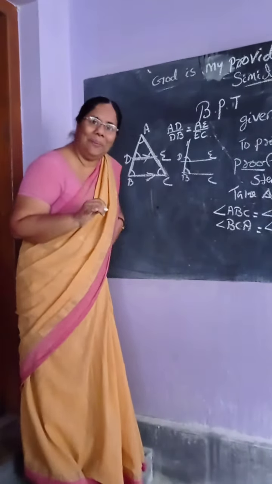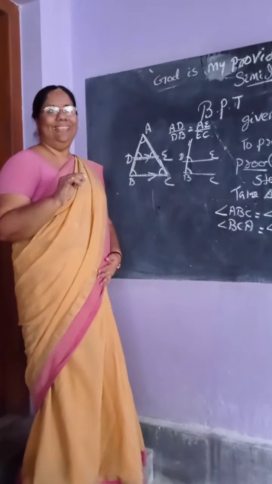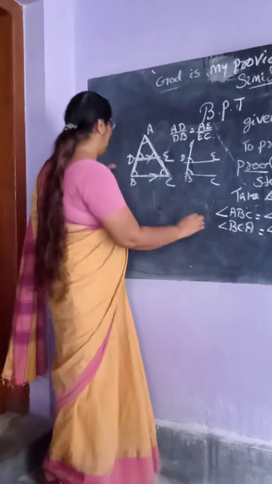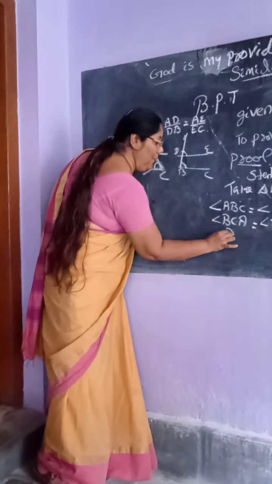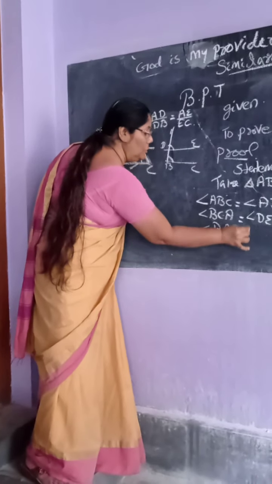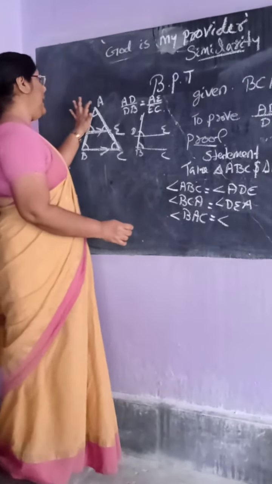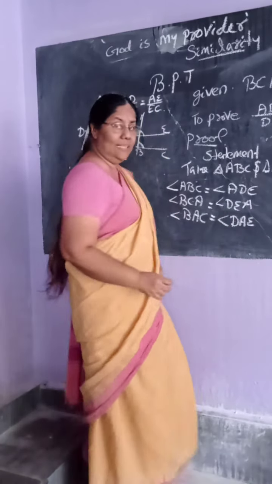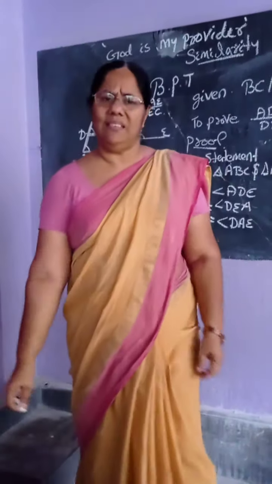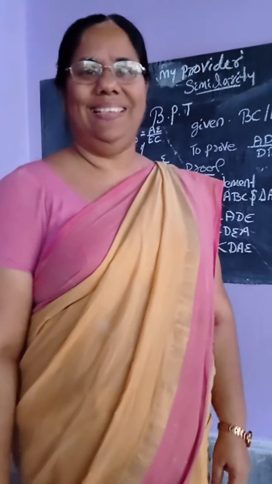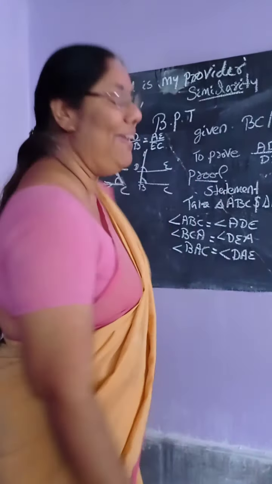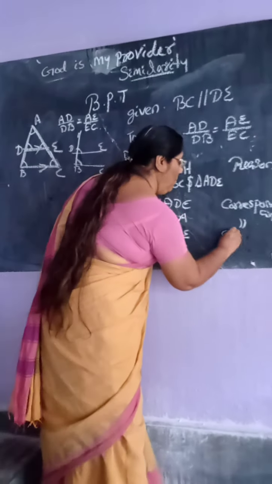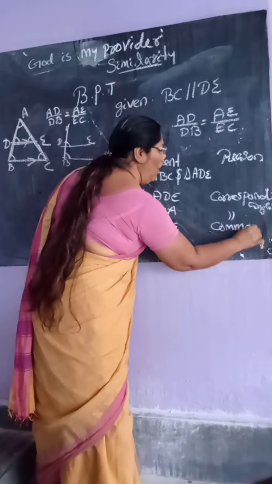In that triangle also this A is there. Therefore, the next reason: angle BAC equal to angle DAE. Can you say the reason loudly? Yes, common angle, or you can write common.